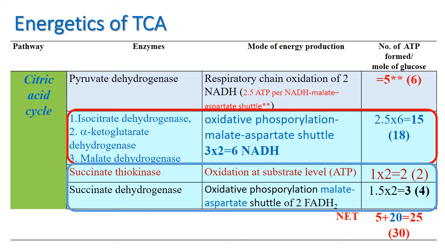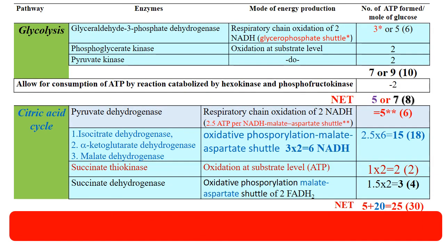The values in the parenthesis are actually the old values, where we consider 3 ATPs through NADH and 2 ATPs from FADH2. So it's the summary of this energetic efficiency or energy production when one glucose molecule is completely oxidized into carbon dioxide and water. So there is a production of 30 ATPs, 25 during the citric acid cycle, and 5 or 7 during the glycolysis.